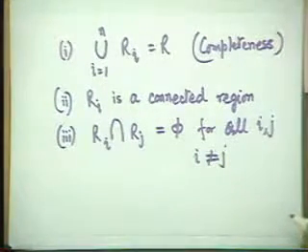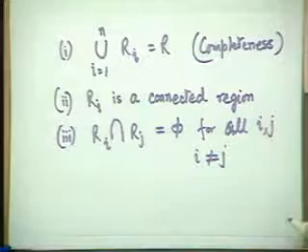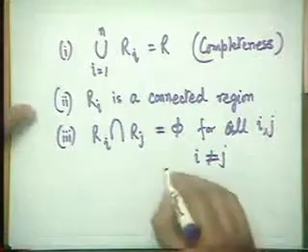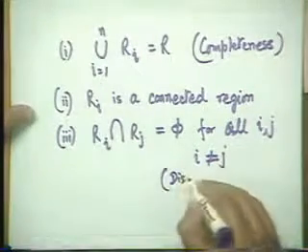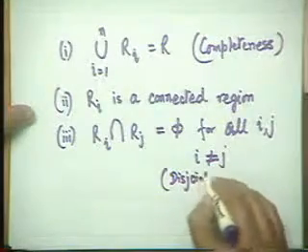This indicates that all the regions must be disjoint. So this is the disjoint property.